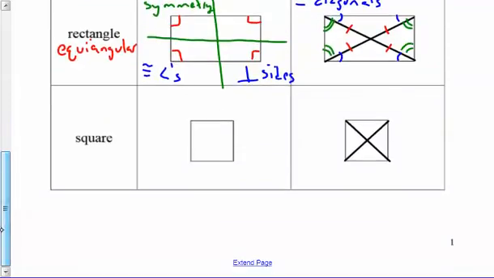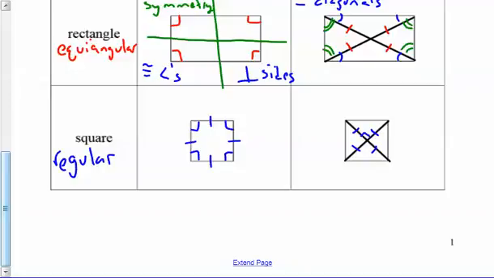All right, now a square is regular, meaning that it has all the properties of a rectangle and all the properties of a rhombus. All the sides are congruent. All of the angles are congruent. The diagonals bisect each other and they're congruent.